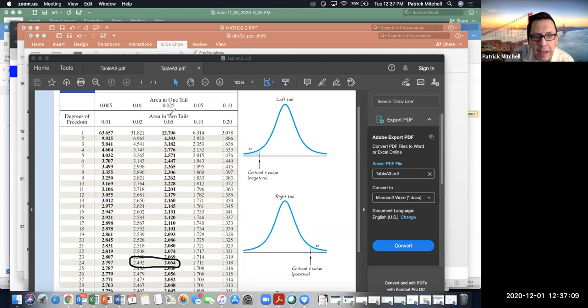Those go with one tail areas of 0.025 and 0.01. All right, so what I'm going to do now is switch over to my tablet. I've drawn you a picture of what that means.